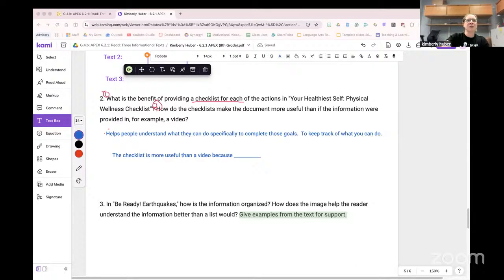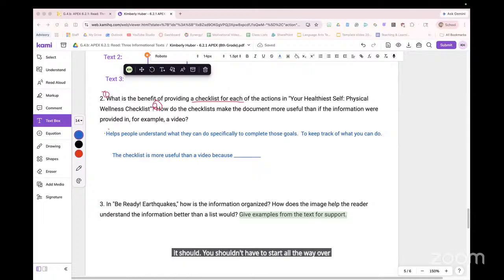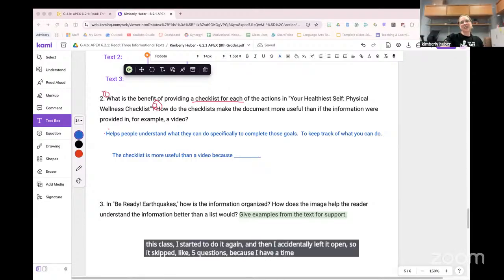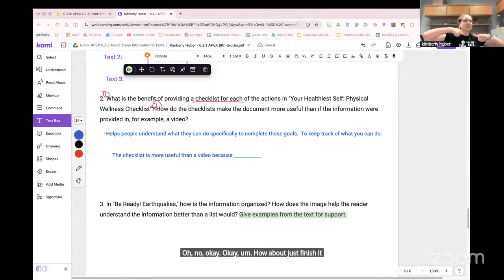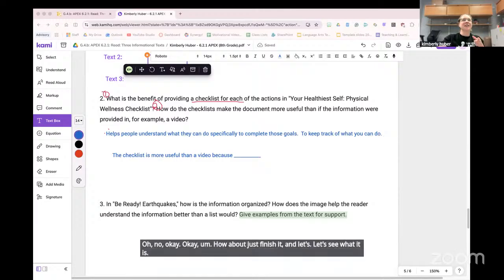You should be able to use the password flex, F-L-E-X, Ali, and you shouldn't have to start all the way over again. Well, I paused it a couple times, but every time in this class I started to do it again and then I accidentally left it open so it skipped like 5 questions because I have no timer. Okay. So I have to do it again. How about just finish it and let's see what it is. So Leland, I answered that above. Do you want to go look at what I said?